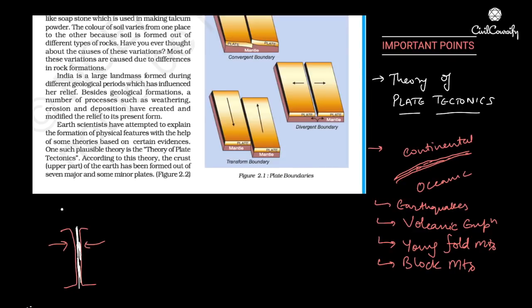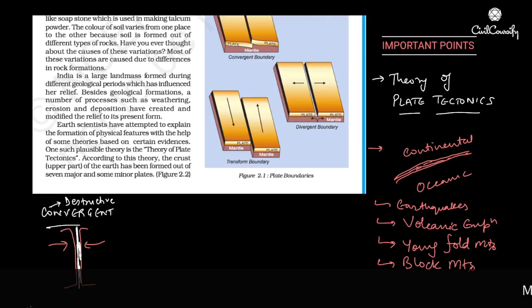Then this movement is known as convergent movement, convergent plates. This is also known as destructive plates. Destructive because when they strike each other, they cause earthquakes, they cause volcanic eruptions, and they cause young fold mountains to lift up.